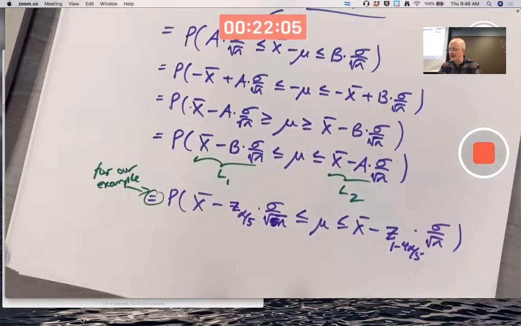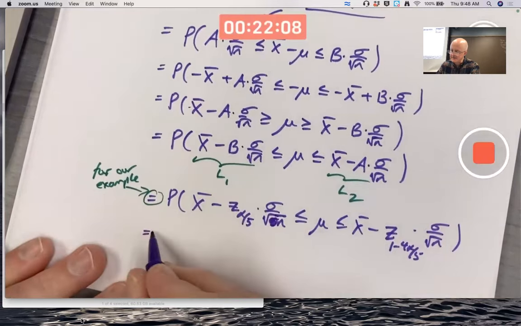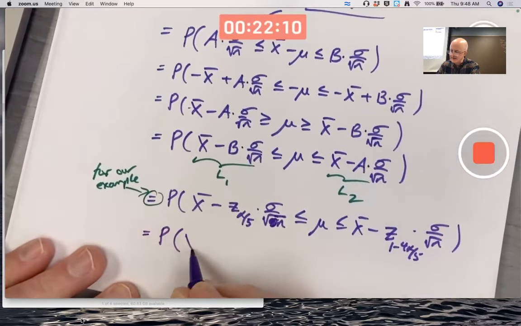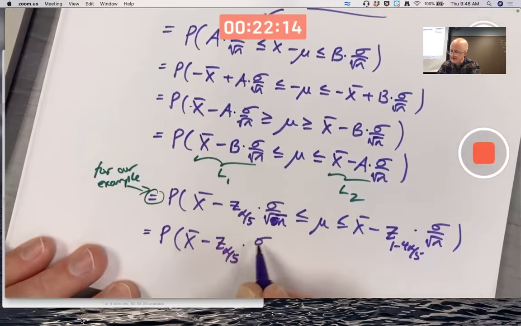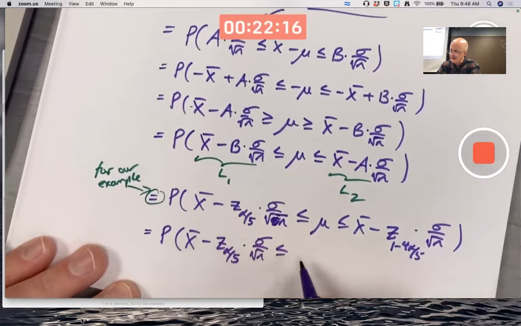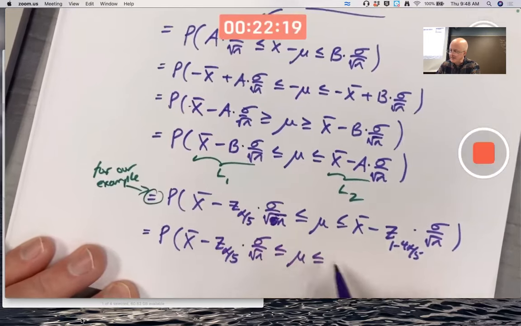And if you really still don't like the minus sign there on the right, you could convert it to a plus sign by using symmetry.